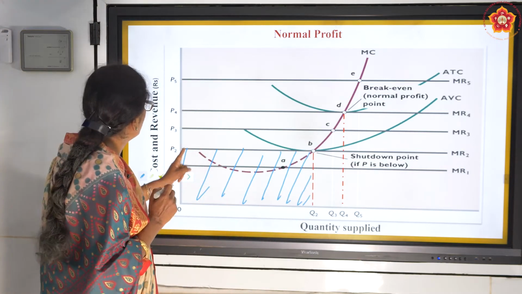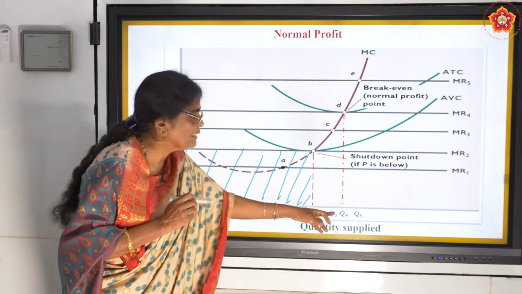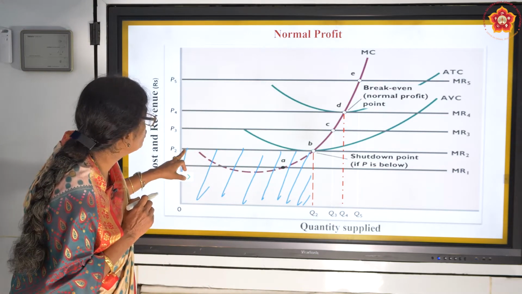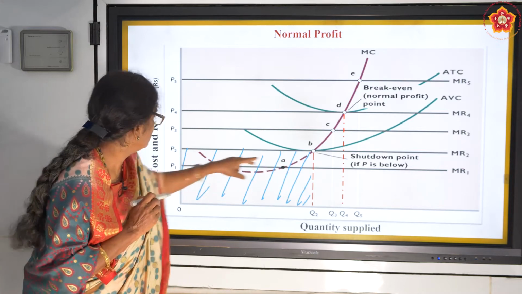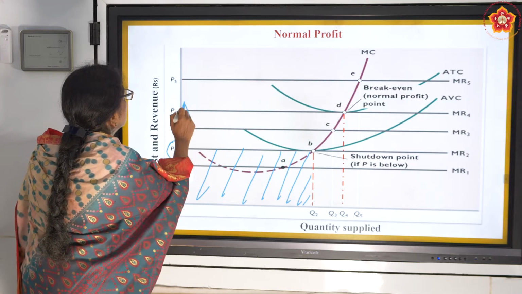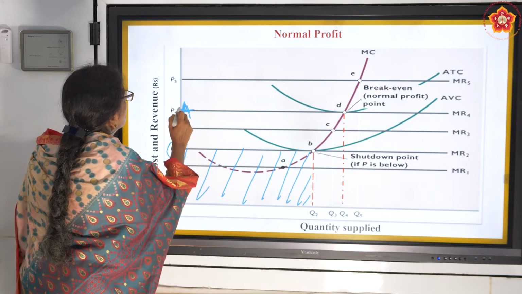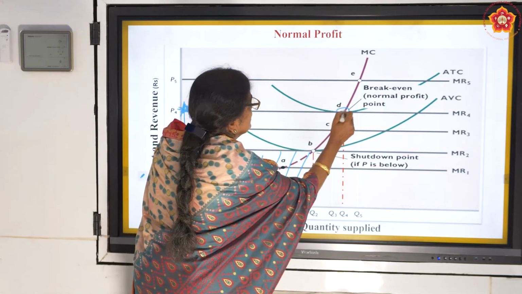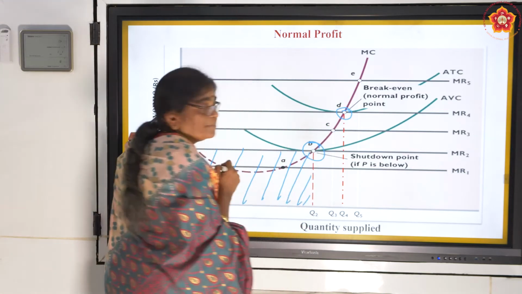Now you see, when the price increases, why does the quantity increase? You have to think about it. When the price increases from P2, where the shutdown point is, it goes to P4, here, P4 up to here. We reach the break-even point here. We reach the shutdown point here.